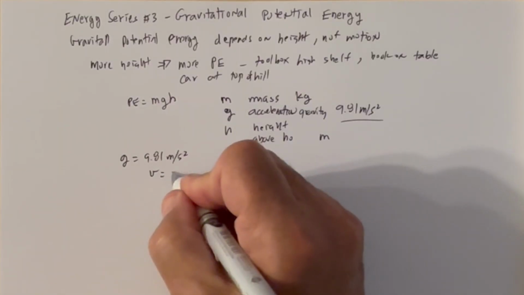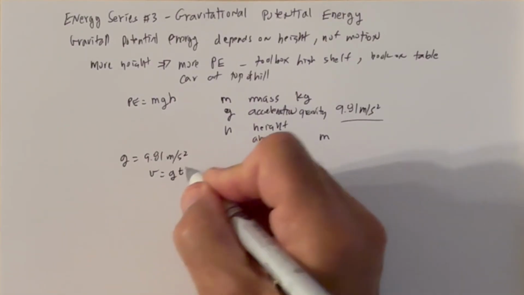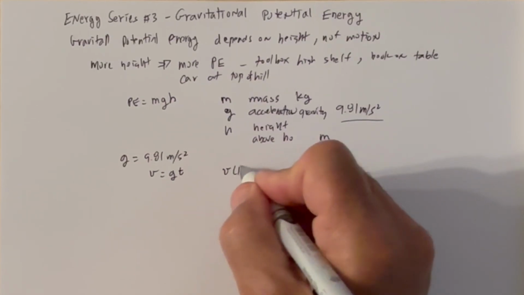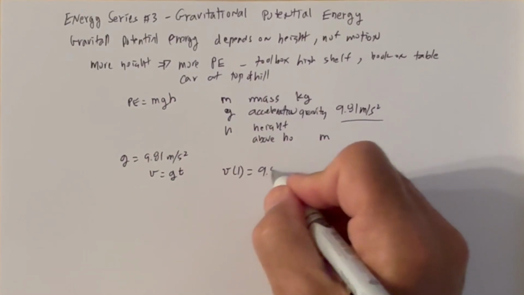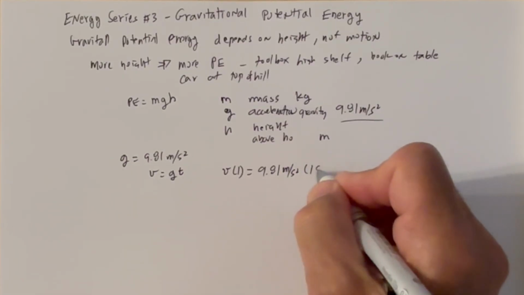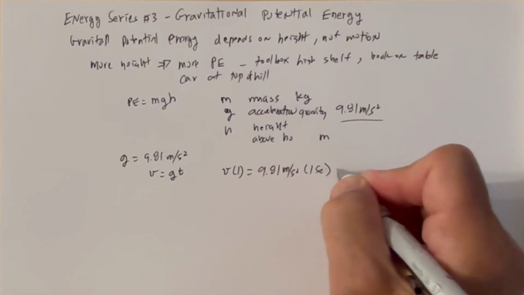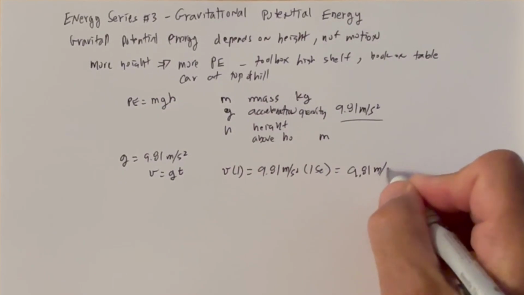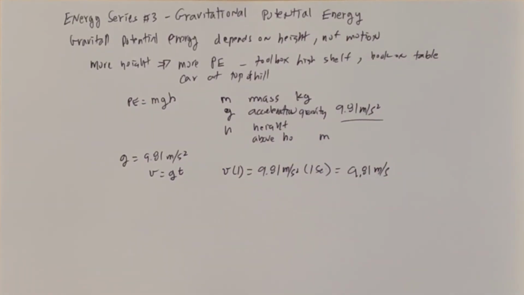Now this g, which is equal to 9.81 meters per second squared, is an acceleration, so we know velocity is equal to acceleration times time. So if we evaluate this velocity at 1 second, we get 9.81 meters per second squared times 1 second, and we get 9.81 meters per second. That's the velocity after 1 second for an object in free fall.